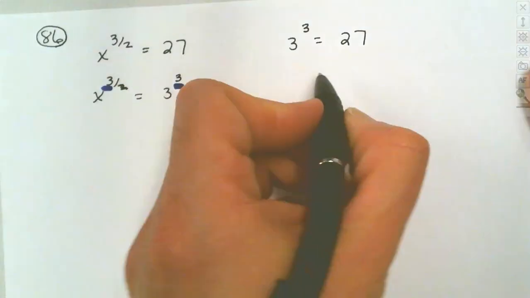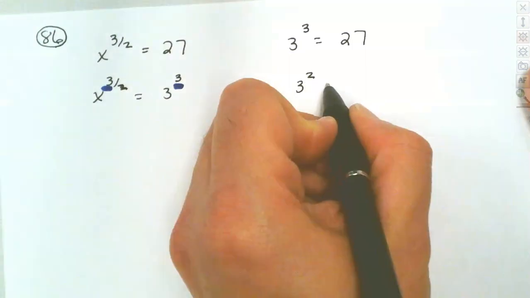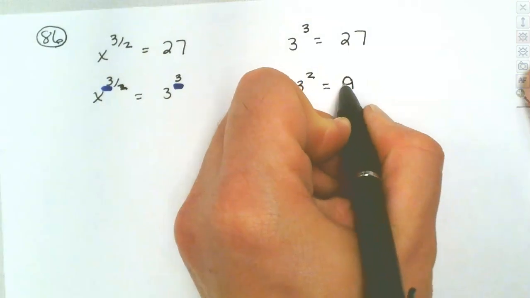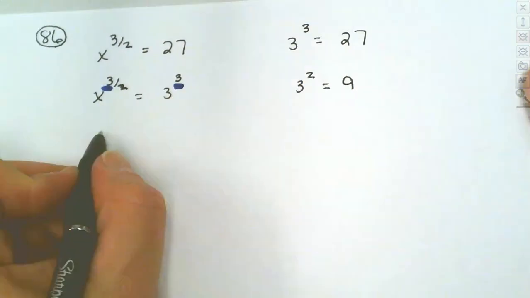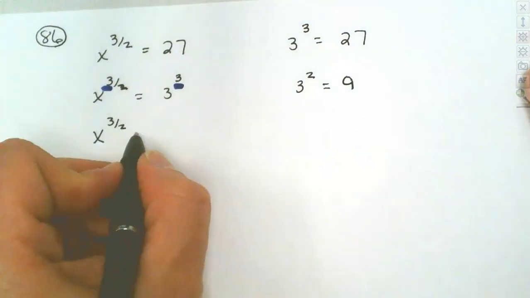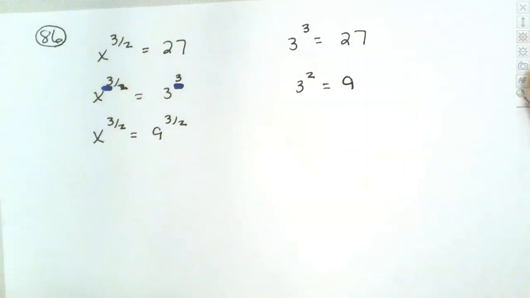And what do we know about 3 squared? 3 squared is 9. So we can now write this as x to the 3/2 power equals 9 to the 3/2 power. And so we'll do several of these so you see how we get those fractional powers to be the same.